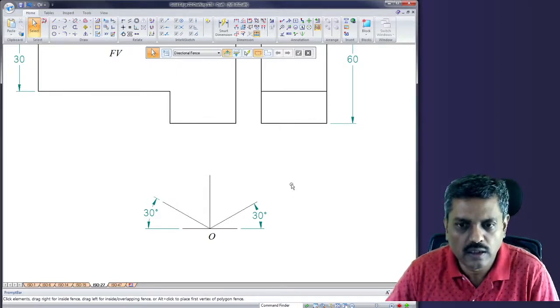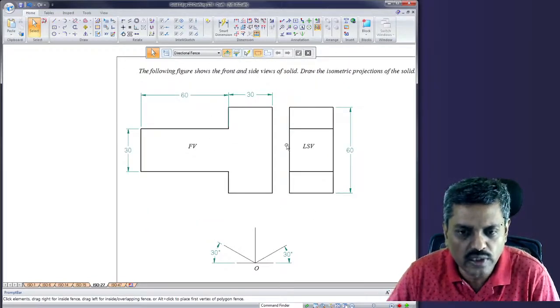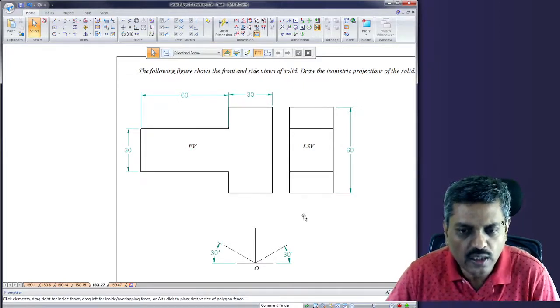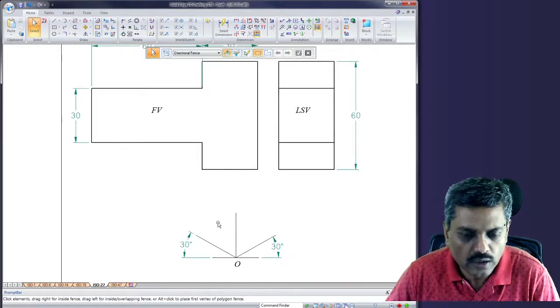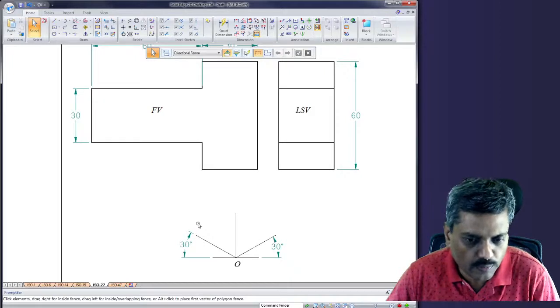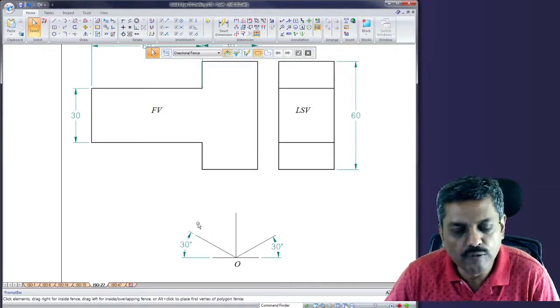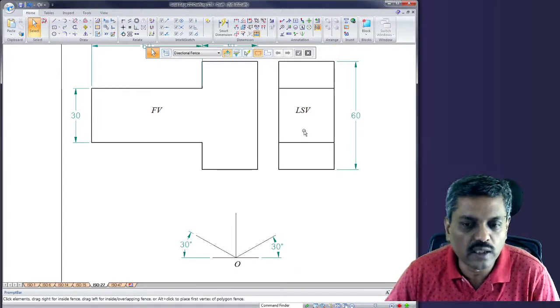But here let us look into the front view and side view. Of course, the left side view on the right profile plane. Before we actually transfer the front view, we must position on what plane we are going to draw. Whether we are going to draw the front view on the right plane or the left plane. That's an important point to note down. To do that, we have to consider the left side or the right side view.